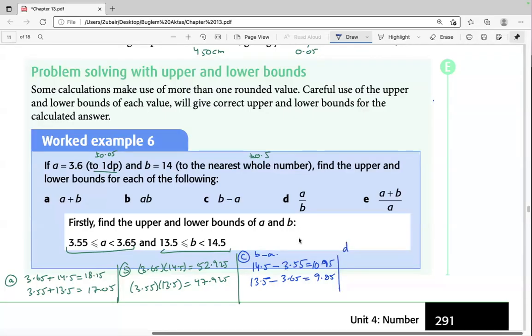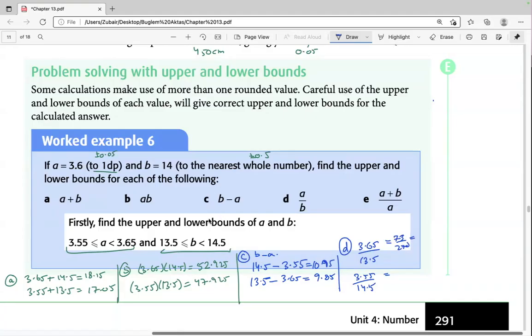D part. A divided by B. For the highest value, we need the numerator greatest and the denominator lesser. So 3.65 over 13.5, and the other one would be 3.55 over 14.5. 3.65 divided by 13.5 is 73 over 270, and I'm getting large values in decimals.